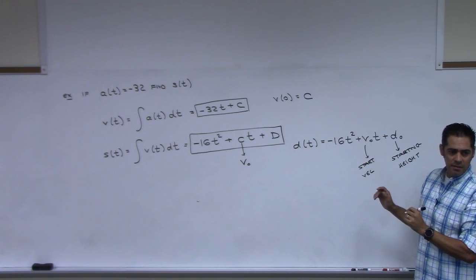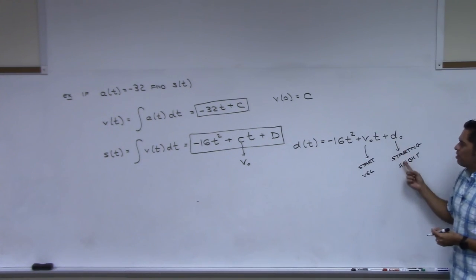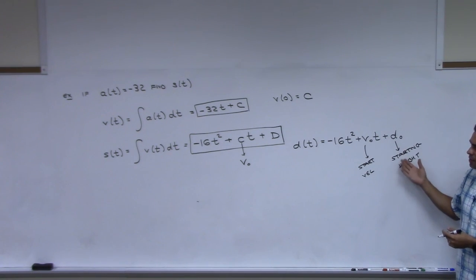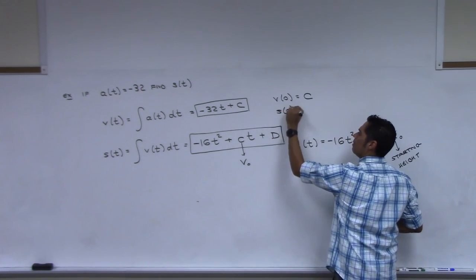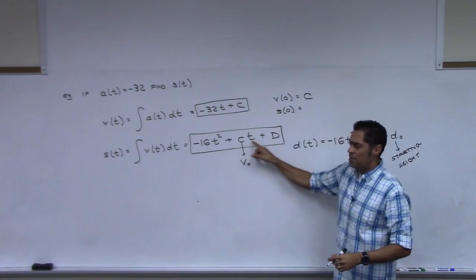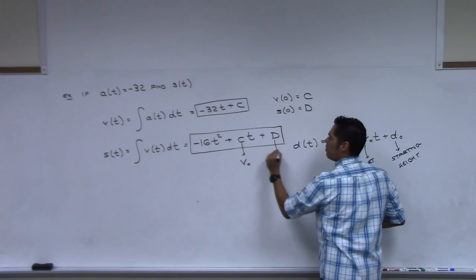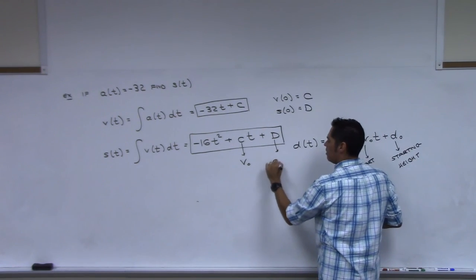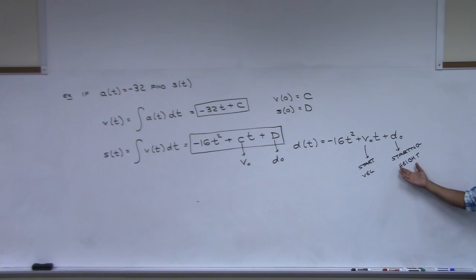Make sense? And then, why is this my starting height or starting position? Well, what's s of 0? If we go to the position function, plug 0 in for t, you get d, don't you? So that number right here will always be my starting position, so I'll call it d sub 0. And there it is.